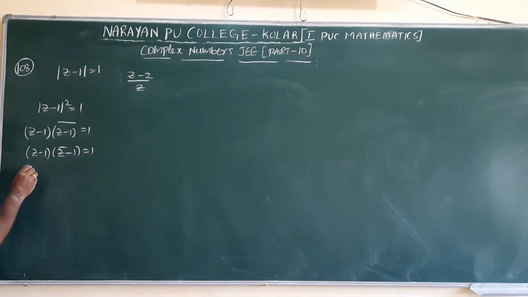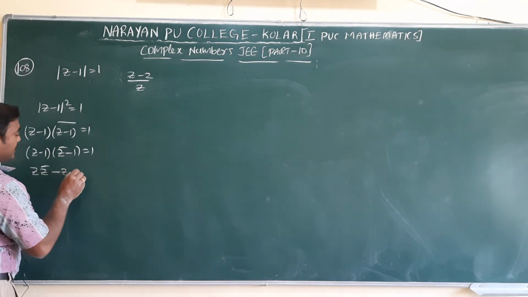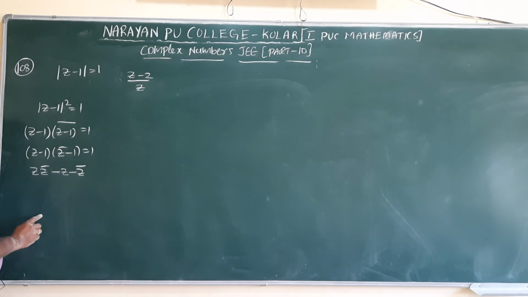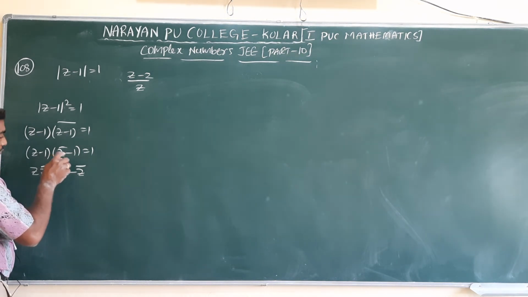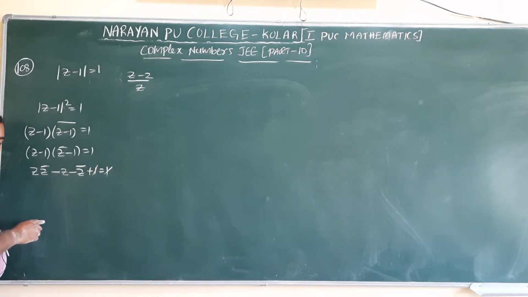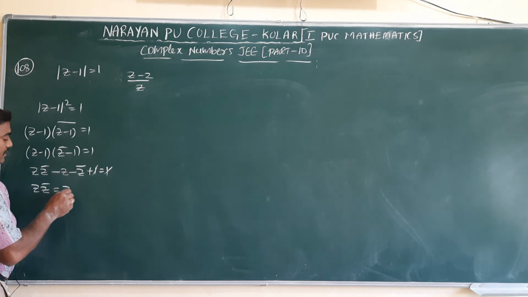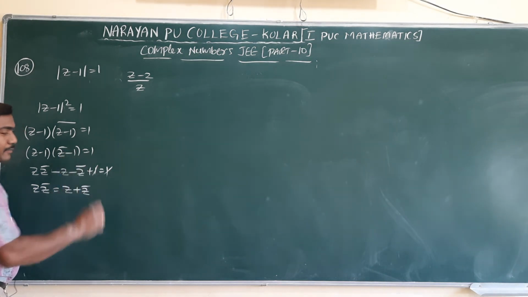Multiplying it out, z into z bar minus z minus z bar minus 1 into minus 1 plus 1 is equal to 1. Here 1 gets cancelled, and remaining z into z bar equals z plus z bar. Call this equation 1.